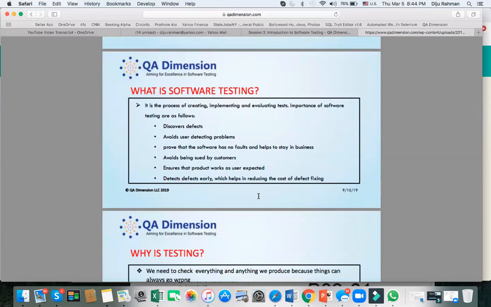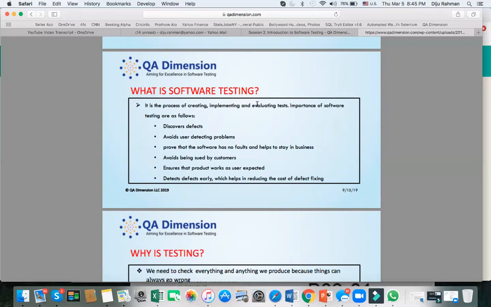Okay, so another question: what is software testing? This is more like whatever I covered before, a book definition. Software testing is the process of creating, implementing, and evaluating tests. After the developer finishes their work, you have to create some documentation, and you also have to implement whatever you said in the documentation as part of your work.